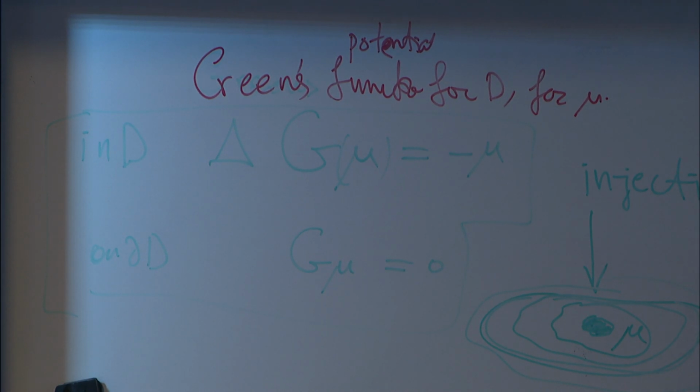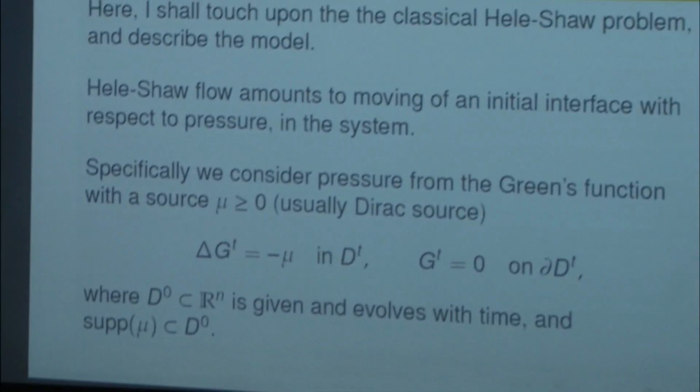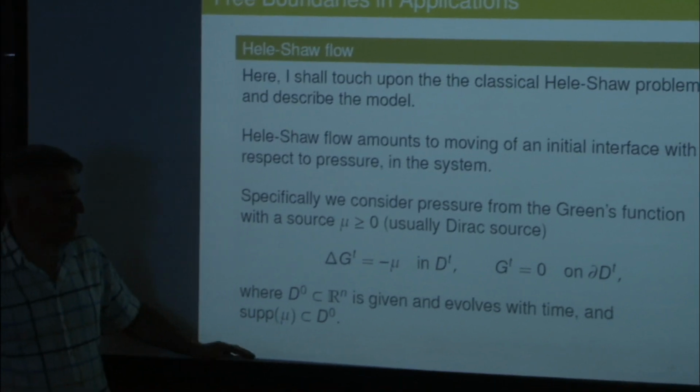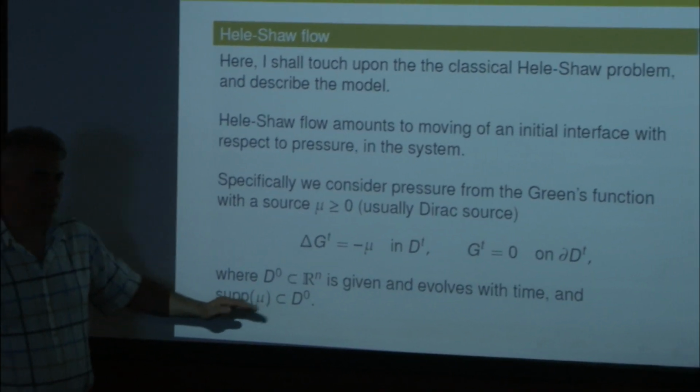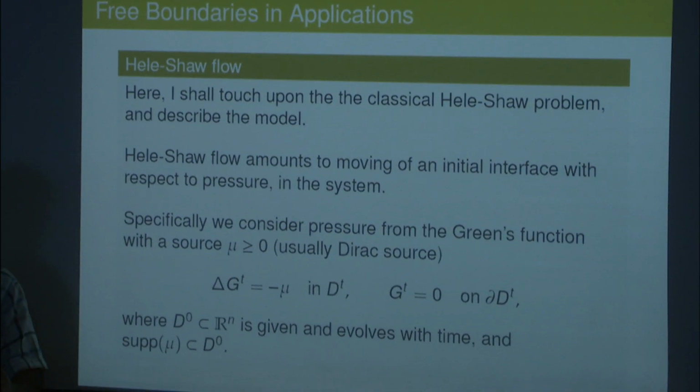So what happens here is that we're looking for a push. We're solving this. The idea is that the system is moving according to the rule that you solve your Green's function at each time. That's the reason that initially I wanted the domain. That's easier to solve the problem, but you don't really need that.